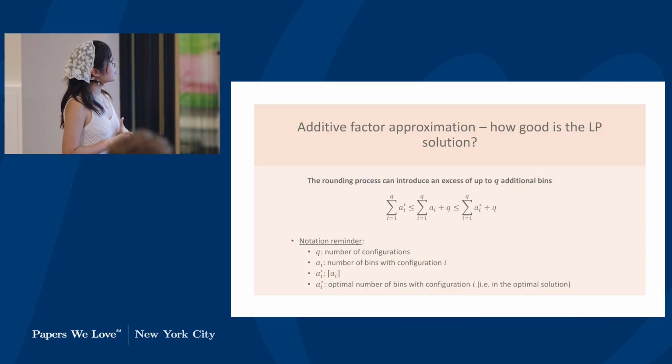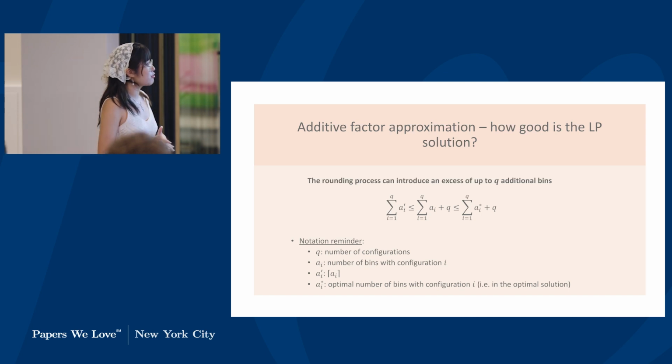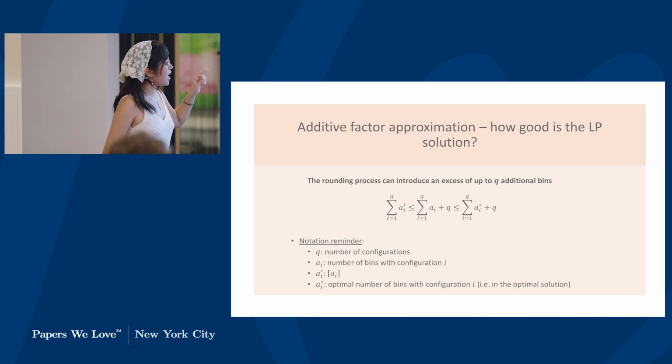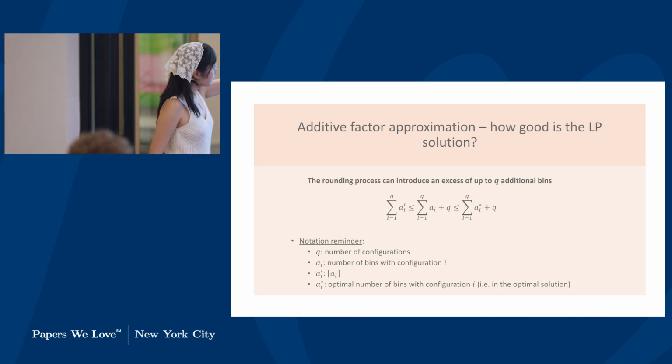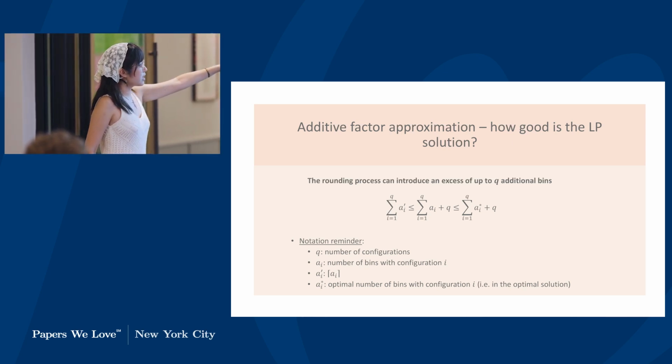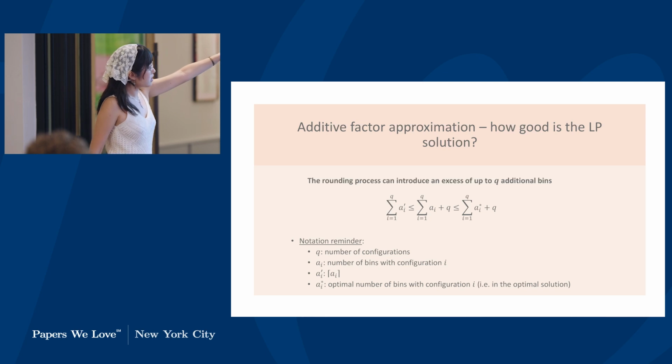Okay, so how good is this LP solution after the rounding compared to the optimal answer? So it's an additive factor of error, and the additive factor is Q, which is the number of configurations. And why is that?